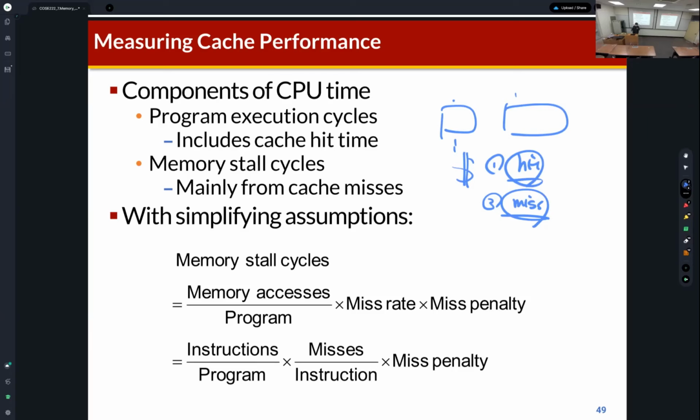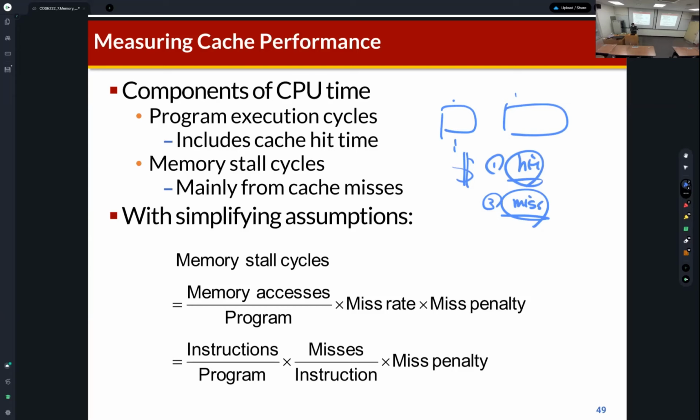And I explained that when the data is fetched from the lower-level cache or main memory, it will take many cycles. It depends on the location of the data. If the data is fetched from the lower-level cache, it will take around tens of cycles. But if the data is fetched from main memory, it will take hundreds of cycles. Main memory is very slow.